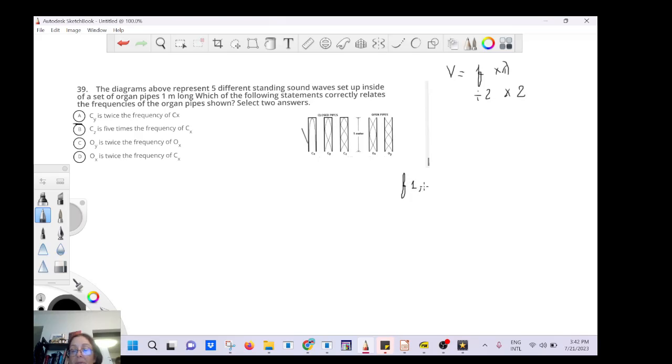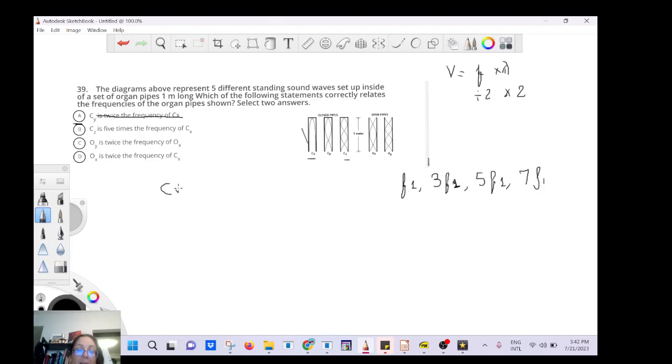So if you have F1, the second overtone, or maybe it's called the third harmonic, it's going to be 3 times F1. And the next overtone will be 5 times F1. And then 7 times F1. So it cannot be an even number. So that's not possible.